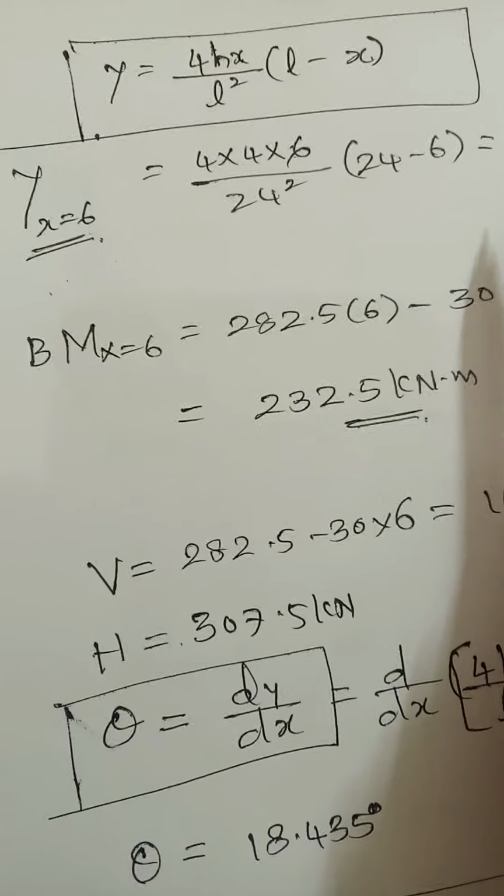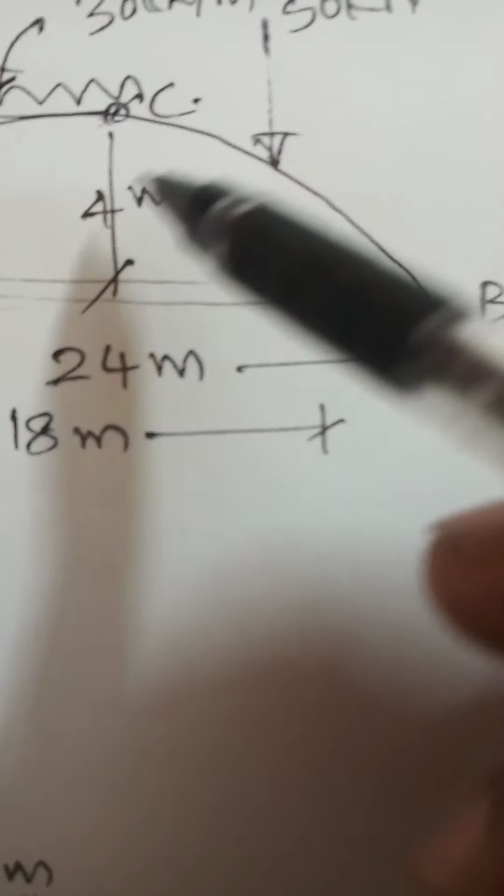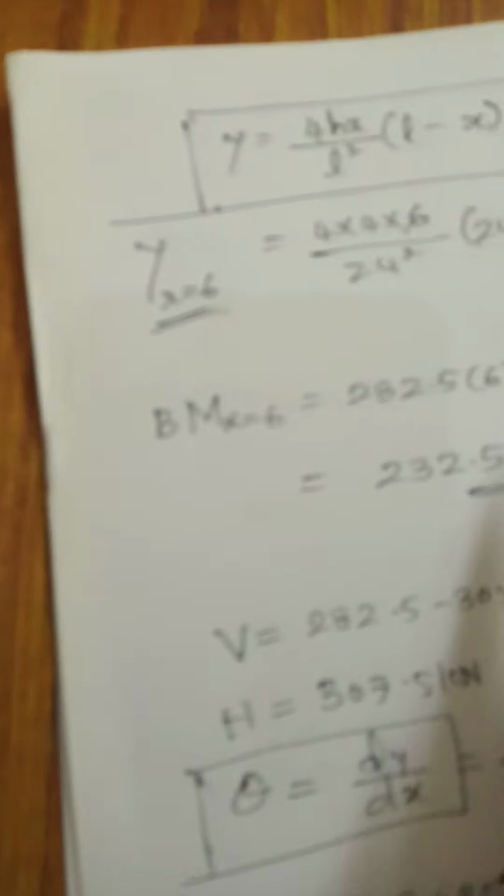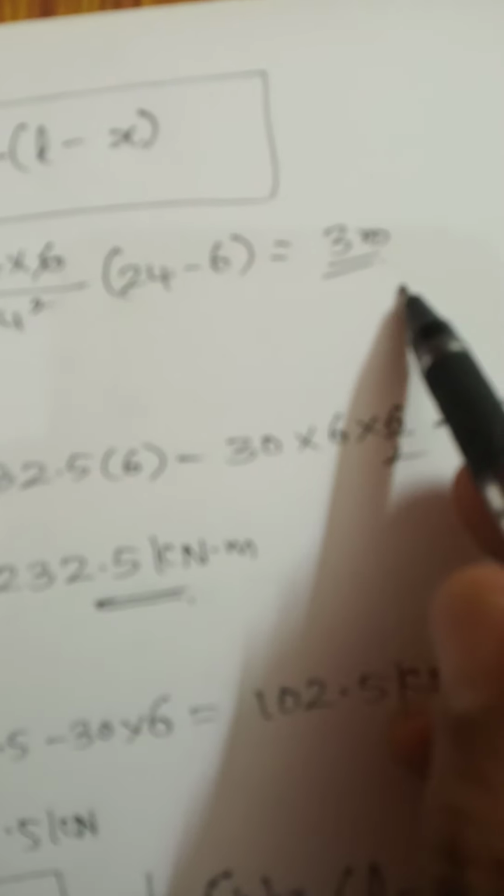The central rise given in the problem is 4 meters, but here we are supposed to find out at a distance of 6 meters from the left support, and while calculating that, we get 3 meters.